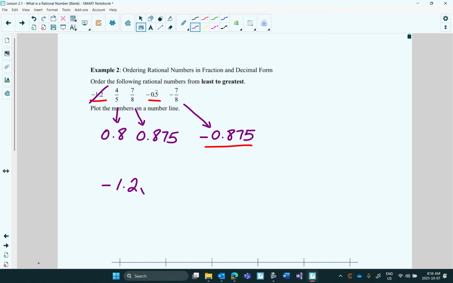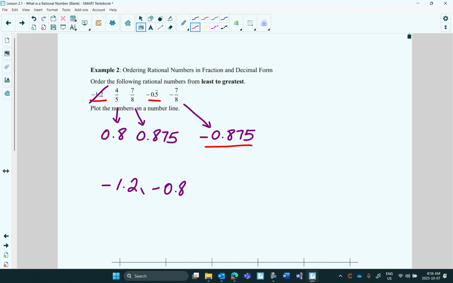Now I've got to look at these ones. Which one's smaller, negative 0.875 or negative 0.5555 repeating? Remember, the bigger the number, the smaller it is in the negatives. Romy? Right.